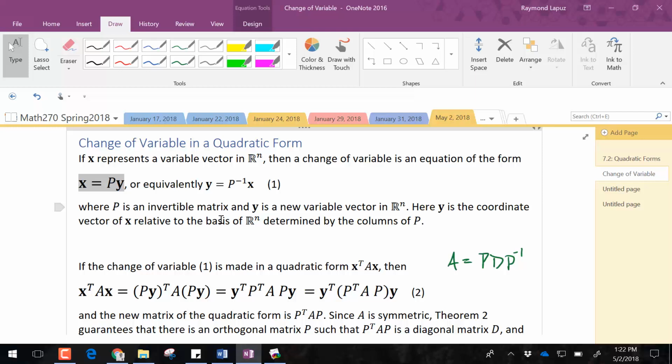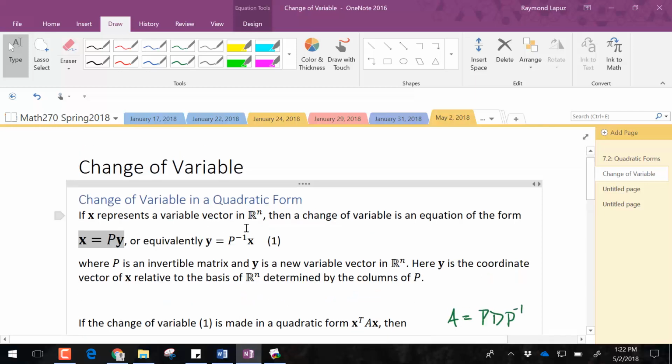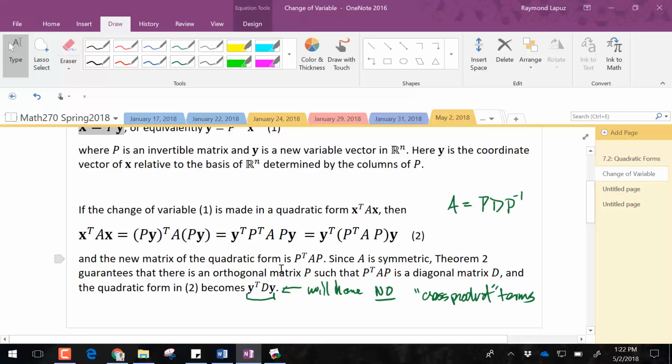Yes, because it's an orthonormal, orthogonal matrix, and so P transpose is the inverse. So the orthogonal matrix P would assume that P transpose is equal to P inverse, which means P times P transpose is I.